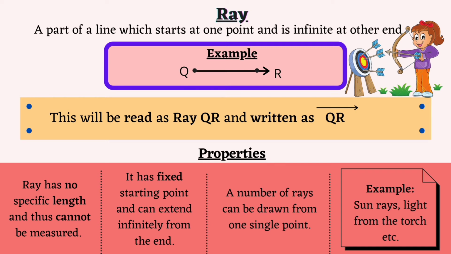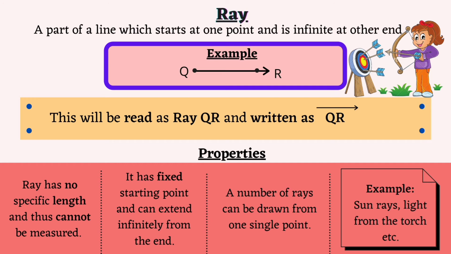This ray over here will be read as ray QR and will be written as QR with a small ray drawn above it. Just like the line, the ray is also not measurable. The reason being the length can be extended from one end, making it impossible to measure.